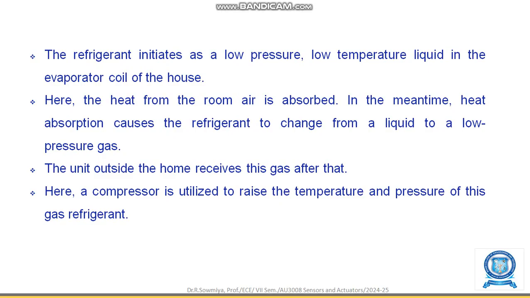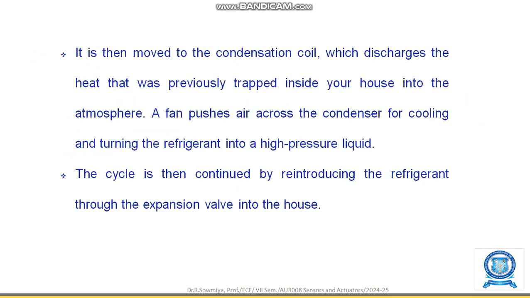In the meantime, heat absorption causes the refrigerant to change from a liquid to a low pressure gas. A unit outside the home receives this gas after that. Here a compressor is utilized to raise the temperature and pressure of this gas refrigerant.